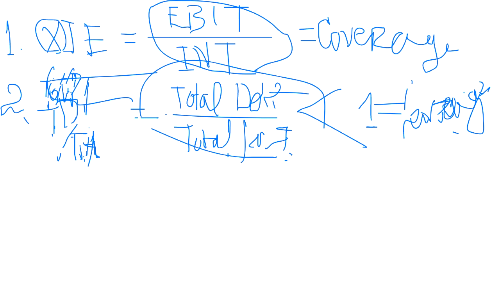But if you now think about it, both the coverage ratio and the leverage ratio are all about something you should focus on, to prevent potential bankruptcy. Because, as I said already, if you cannot pay interest, it can trigger a bankruptcy.